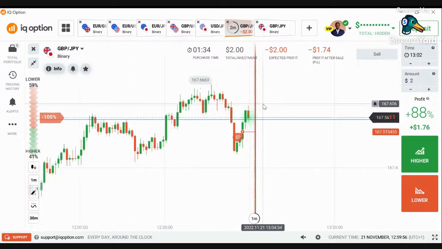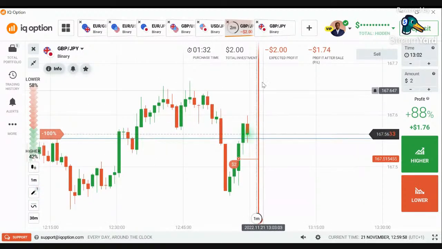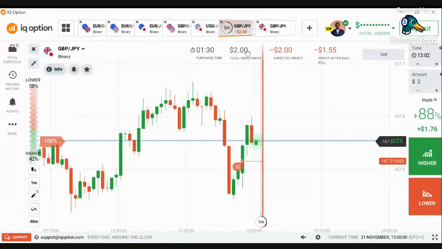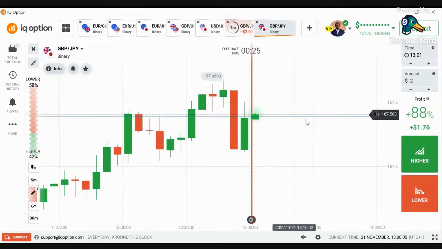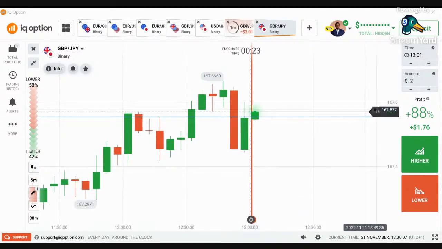We're about to enter 1 p.m. New York, 1 p.m. my time for the New York session. Like I said, the market was supposed to continue making lower highs, but it looks as if it wants to start ranging.